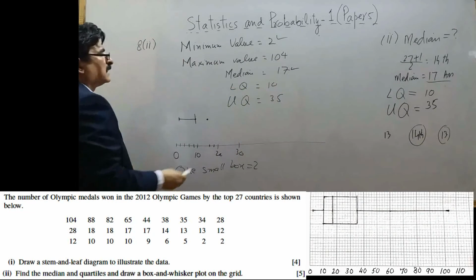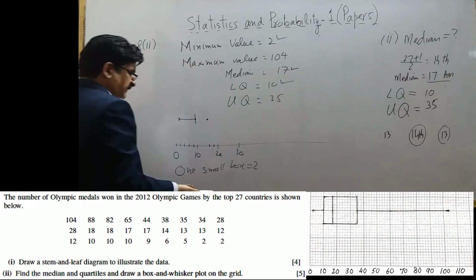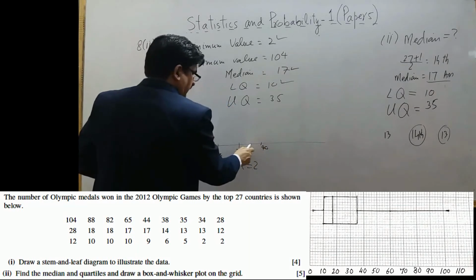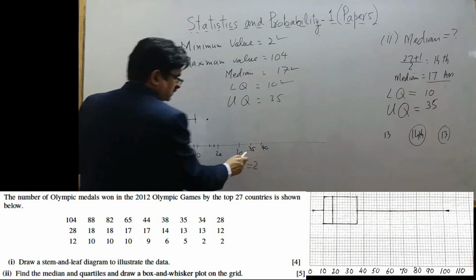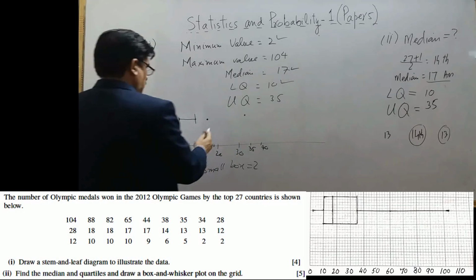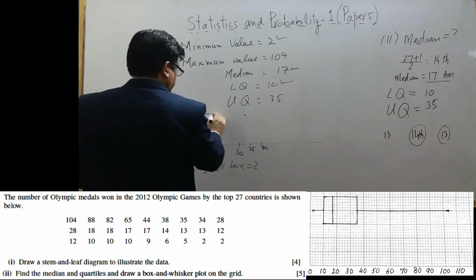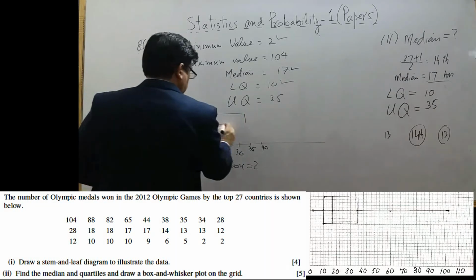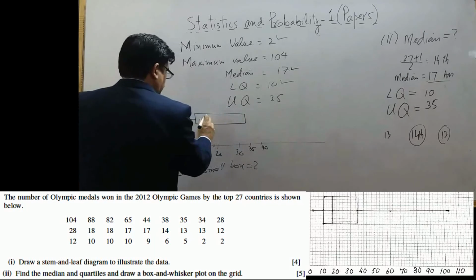Then we have the upper quartile. It's 35. The upper quartile is very simple. This is 40. 35 will be here. So here will be the upper quartile. So we can complete this box. Here is the median.